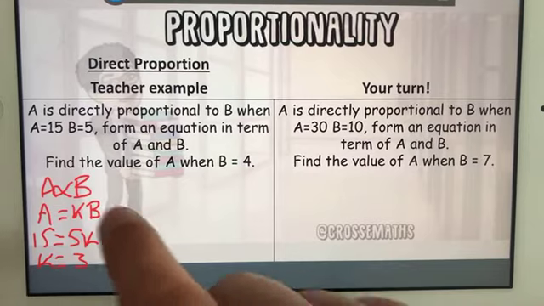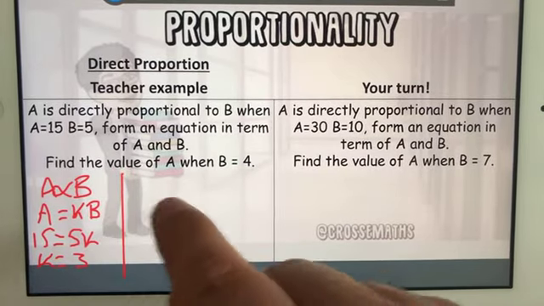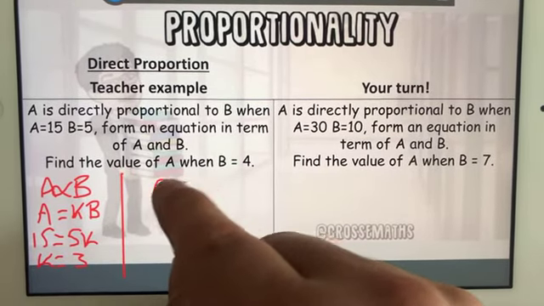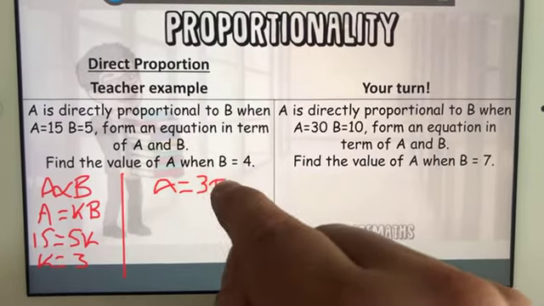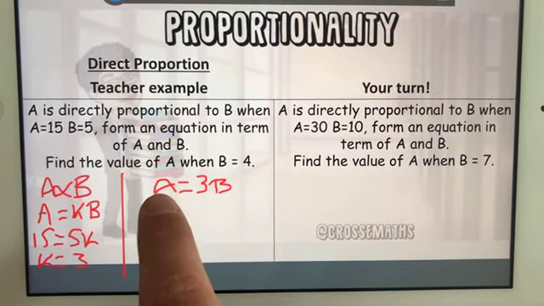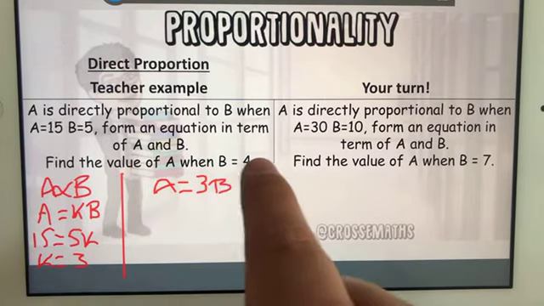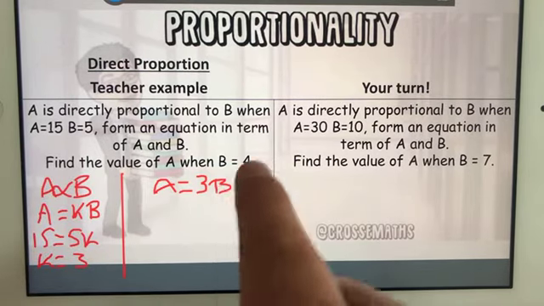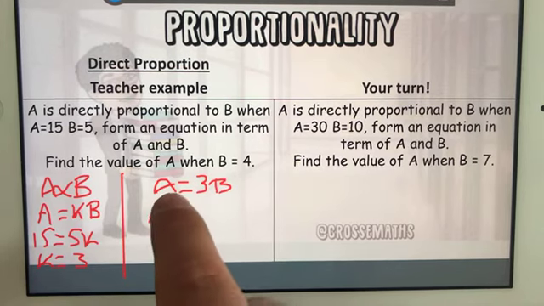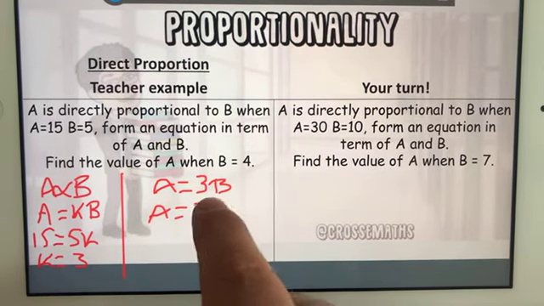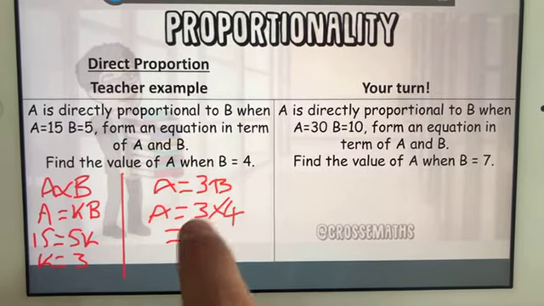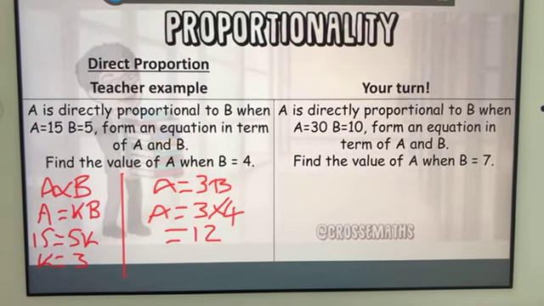If K is 3, that means the formula we need to use is A equals 3B. So whatever A is, you need 3 lots of B. They're saying find the value of A when B is 4. So if B is 4, I'm going to put that in. So the value of A equals 3 lots of 4. So when B is 4, A would have to be 12.